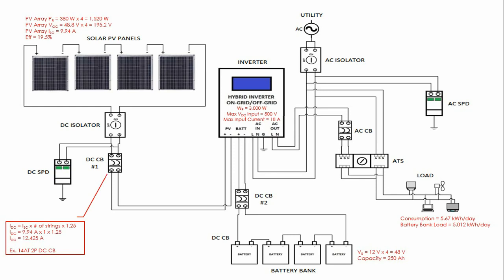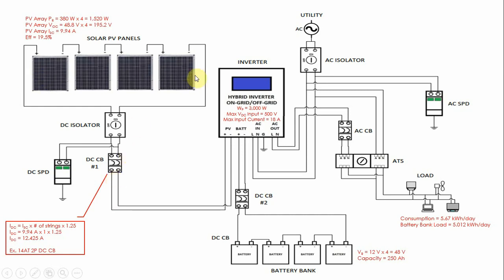Okay, so DC circuit breaker number 1, this one. This is at the output of the solar PV panel. To compute this, we need to multiply the short circuit current of our solar panel, which is 9.94 amps, by the number of strings.